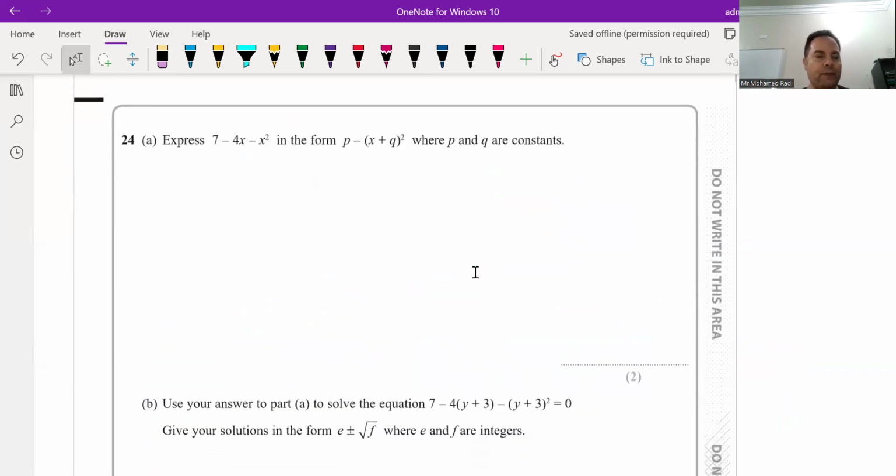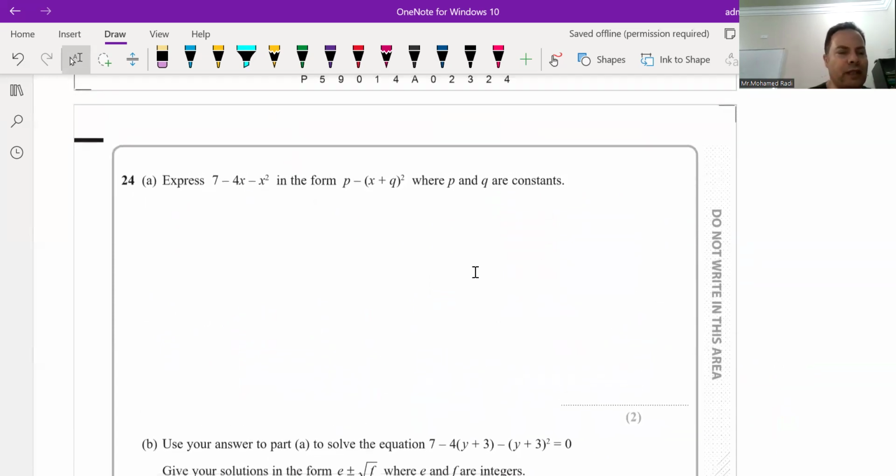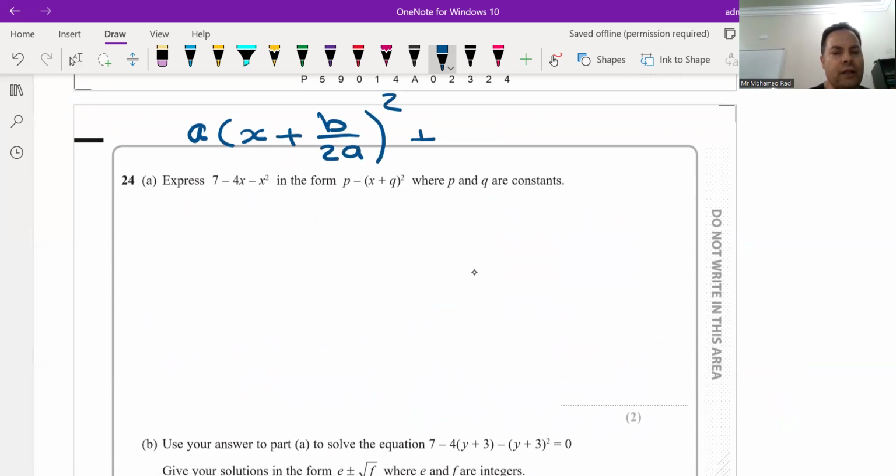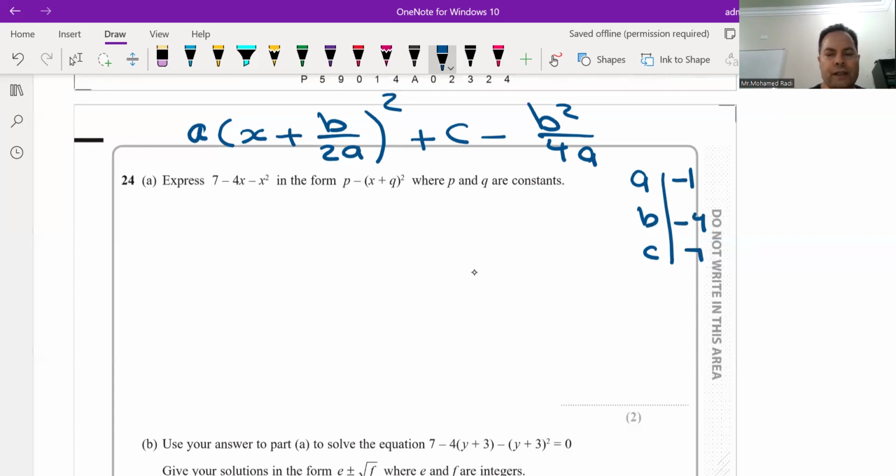Question 24, express in completing square form. I told you many times, you can write this form: a open bracket x plus b over 2a the whole squared plus c minus b squared over 4a. By identifying a, b, and c, a is -1, b is -4, c is 7.